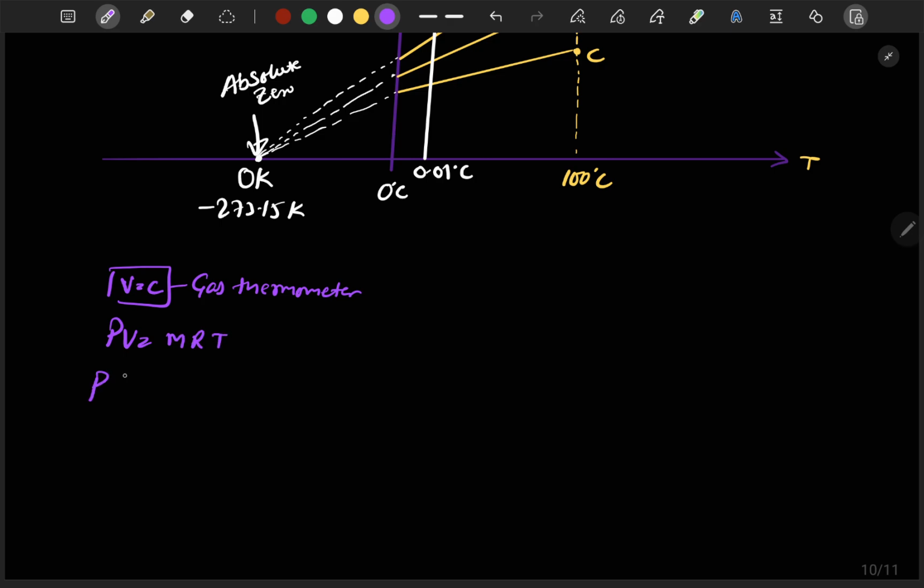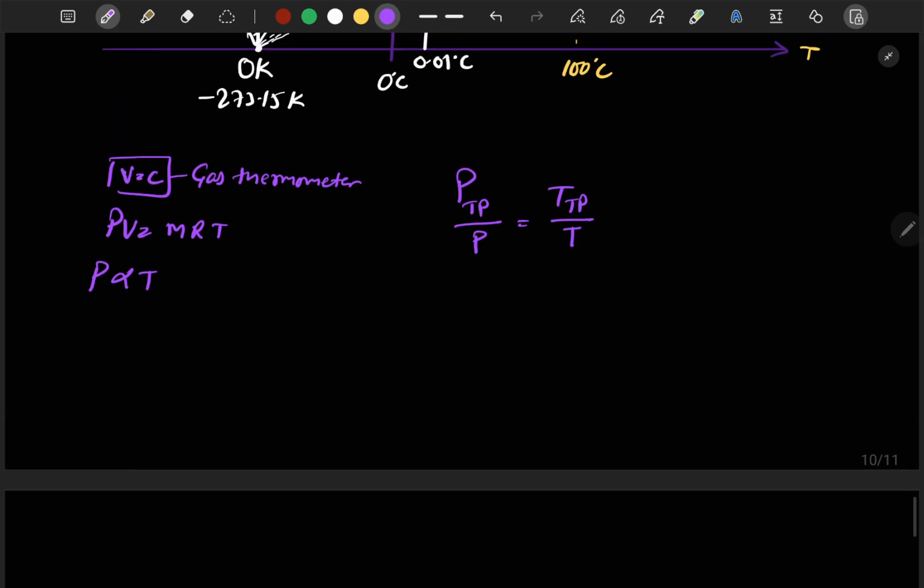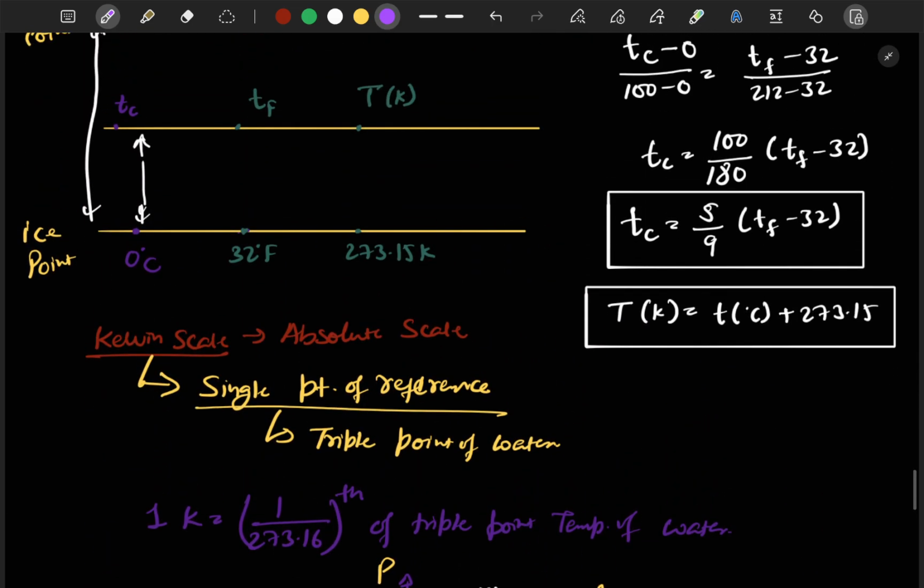Since V is constant, P is directly proportional to T. So we can say that P at triple point upon P at the pressure we require is equal to temperature at triple point upon temperature that we require. Okay, so let's settle these three things.